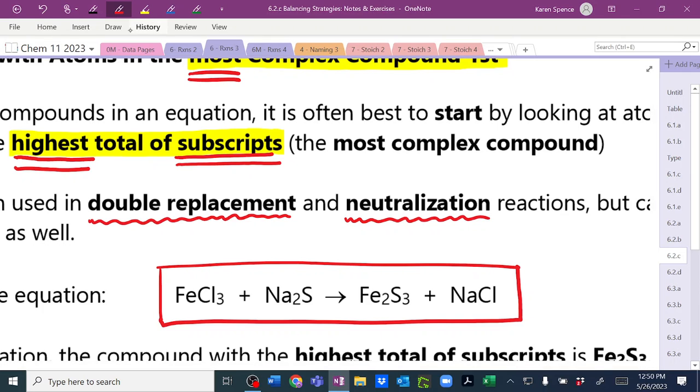Let's look at our subscripts. We have a subscript here, here, and here, and we have no subscripts in the last one. Who has the most subscripts? Iron sulfide. So this one here is the most complex.